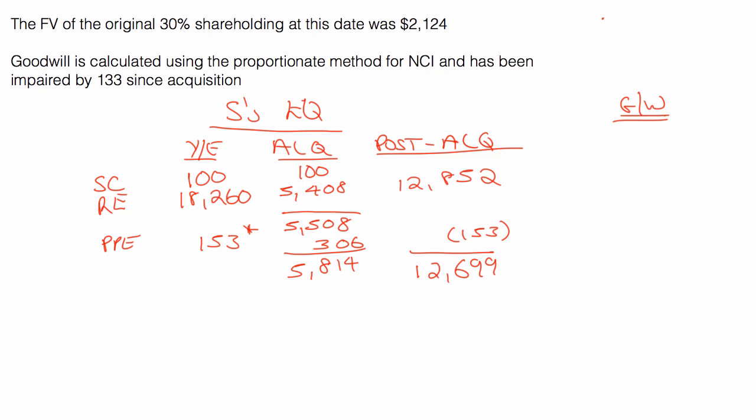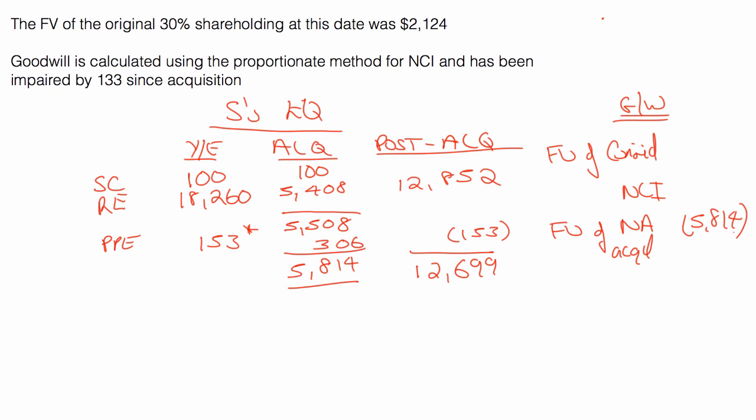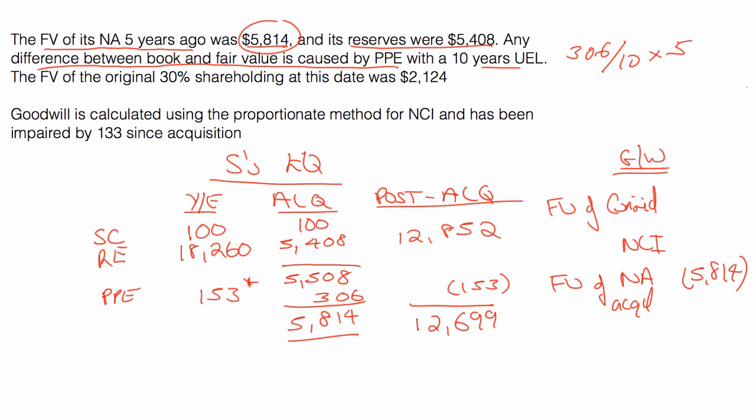Goodwill. This is where it gets a little bit tricky. Fair value of consideration. NCI, I'm not sure if it's the fair value method or the proportionate method. And the fair value of net assets acquired, well, I do know that, 5814. So, I'm looking for NCI. Does it tell me what the fair value of NCI is? It's using the proportionate method.